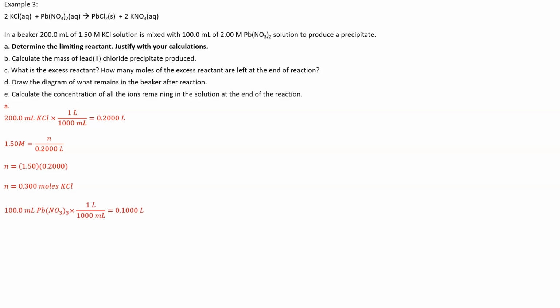That's 0.1000 liters when we convert from milliliters to liters. 2.00 molar equals N over 0.100 liters. You find that the answer is 0.200 moles of lead 2 nitrate. There's a typo there. That should be lead 2 nitrate, not lead 3 nitrate.